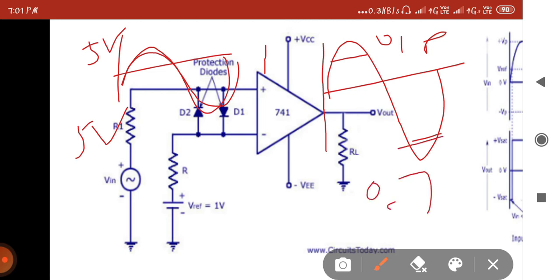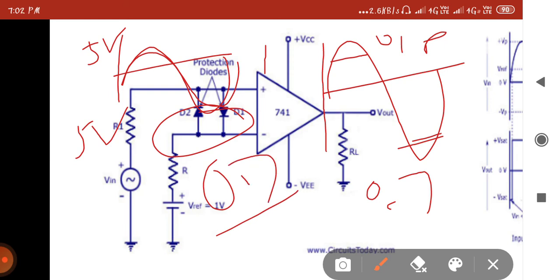Why 0.7? The diode is made of semiconductor. For silicon, 0.7 is the energy gap, EG. That's why the clamping is at 0.7 volt, plus or minus.